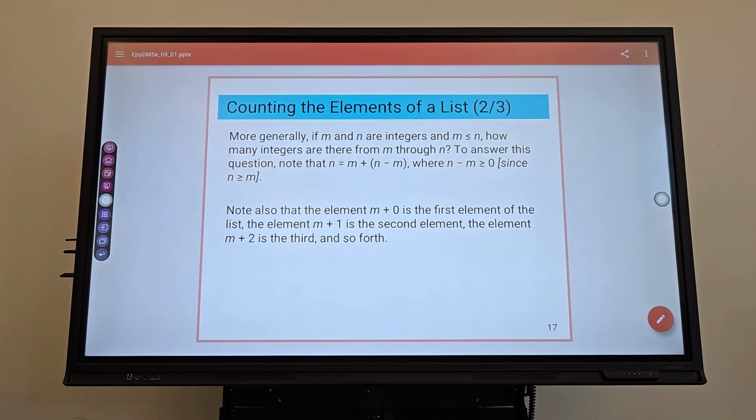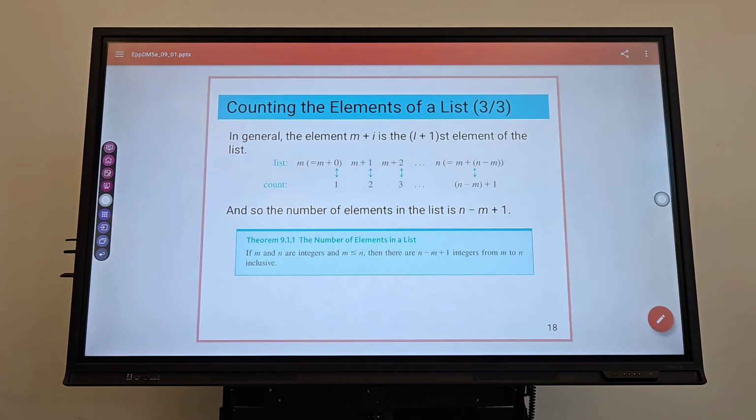Note also that the element m + 0 is the first element of the list, m + 1 is the second element, and m + 2 is the third, and so forth. In general, the element m + i is the (i + 1)th element of the list.